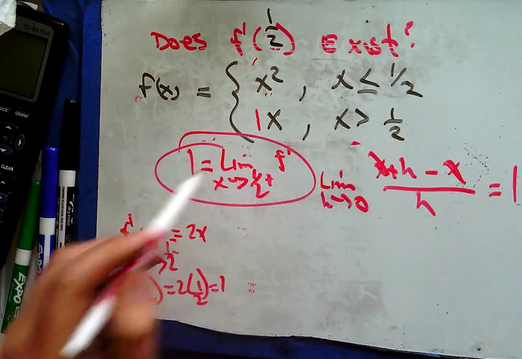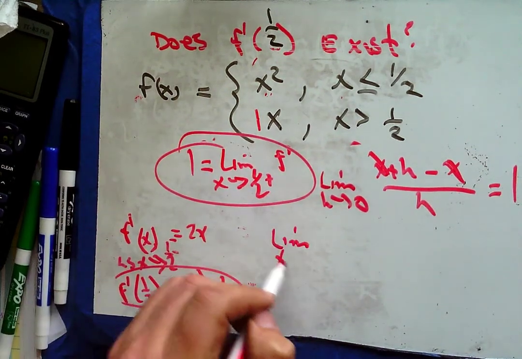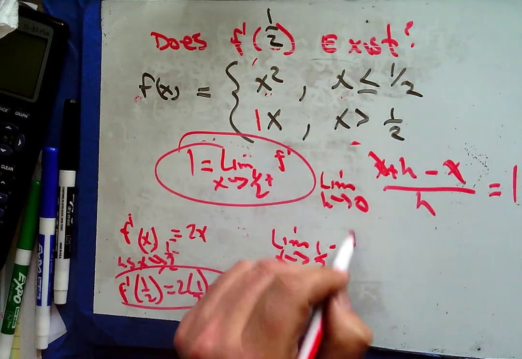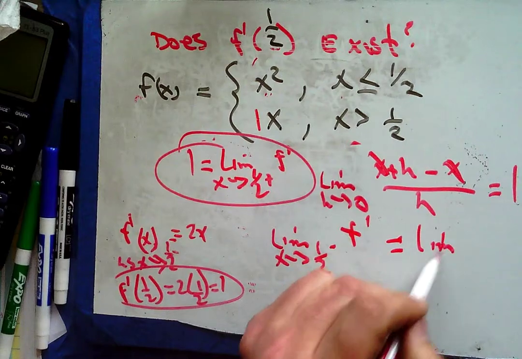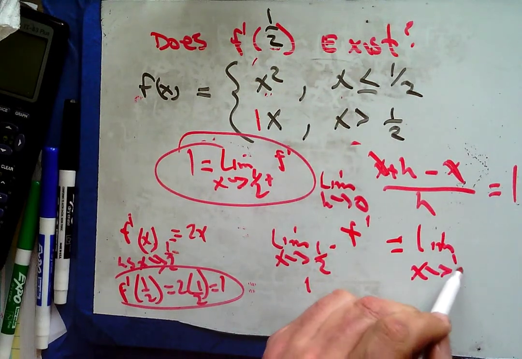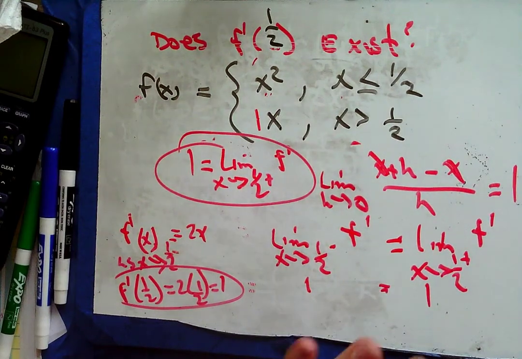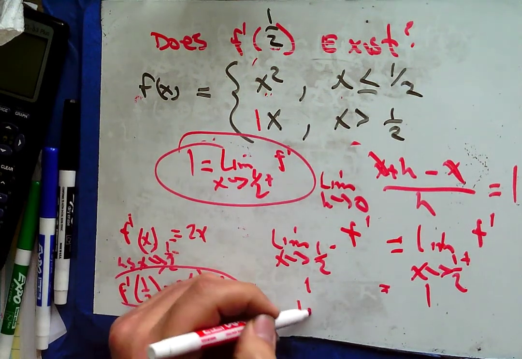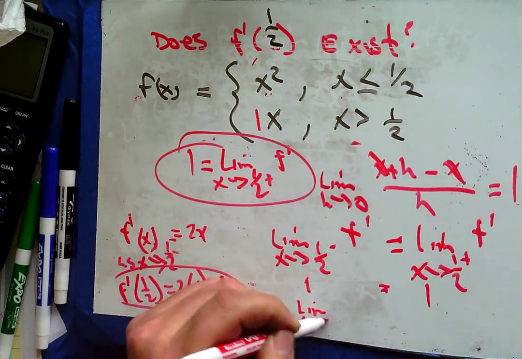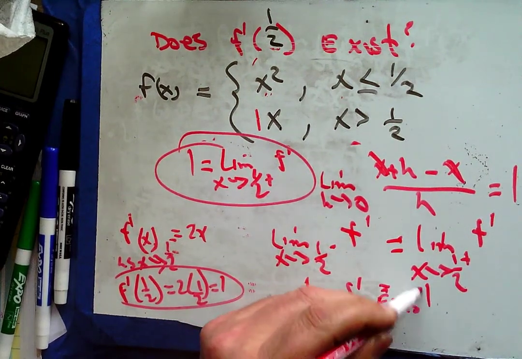Hey, look. What do we notice about the limit of the slopes? The limit as x approaches 1/2 from the negative of f prime is 1, and the limit as x approaches 1/2 from the positive of f prime is also 1. So because the limit of the slopes exists from both sides and they are equal to each other, we can say the limit as x approaches 1/2 of f prime exists.